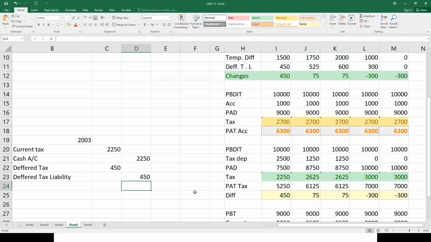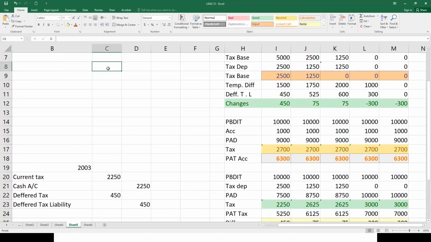Now we see the total balance here. What are the accounts we have? Deferred tax is a P&L account, and we need a deferred tax liability account. In 2003, how much balance will be there, debit or credit?